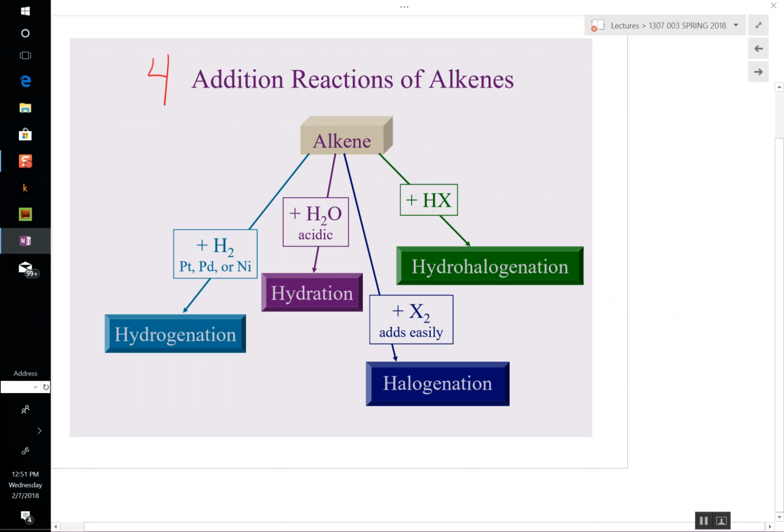All right, just a couple slides quickly to summarize the reactions in Chapter 11. So you have 4 addition reactions of alkenes. The symmetrical ones: hydrogenation and halogenation. Unsymmetrical: hydration and hydrohalogenation. Markovnikov's rule applies here and here because they're unsymmetrical reactants.